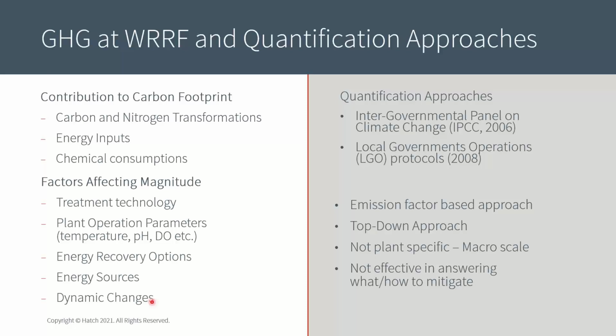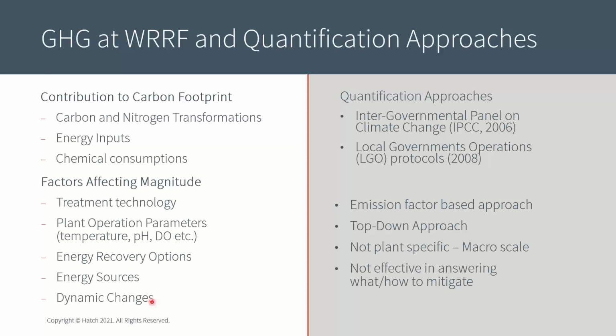So these approaches typically are based on emission factor-based approaches. So there are, for example, some specific emission factors that are dictated for a certain kind of a plant, and those are being used to estimate very high-level estimation of the carbon footprints or the emissions from a plant.